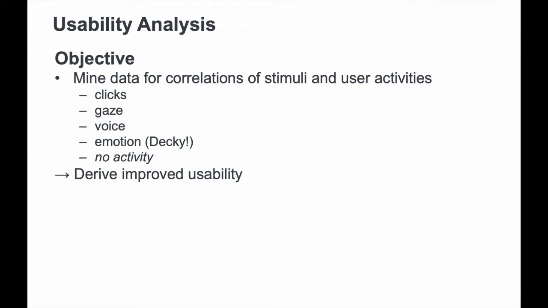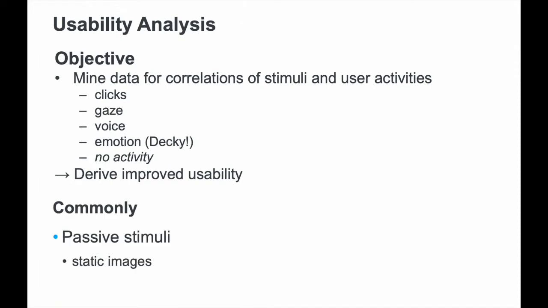You have a web page which is static, which doesn't really change. Maybe you do a little bit of scrolling, but that's about it. And then you have clicks, gaze, maybe some voice interaction or emotion. Deki will talk about that in one of the postdocs' talks. And so by observing this action or non-interaction, you try to derive some improved usability. So these are passive stimuli.